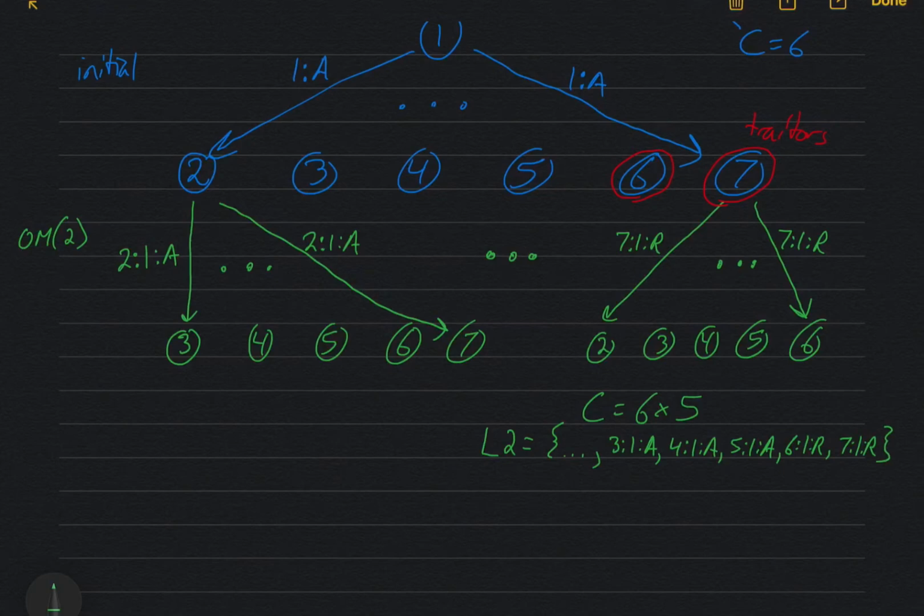Okay, so each lieutenant is going to have a vector of values that it's received. So Lieutenant 3 will have heard from Lieutenant 2 that Lieutenant 1 told it to attack, nothing from itself.